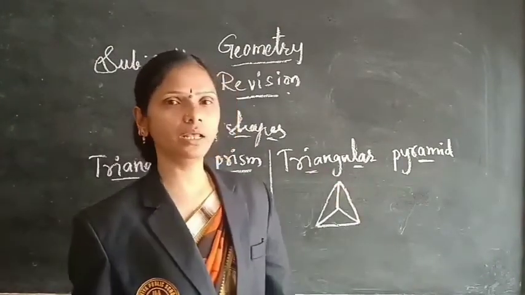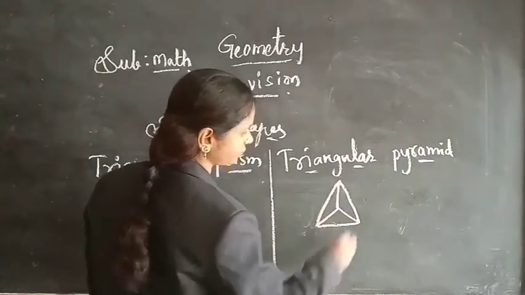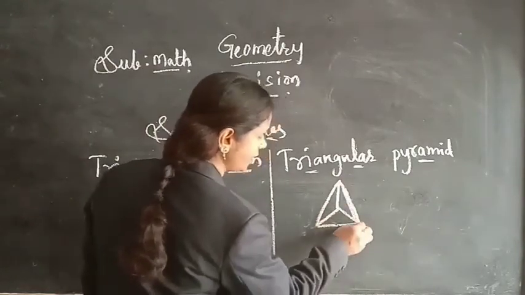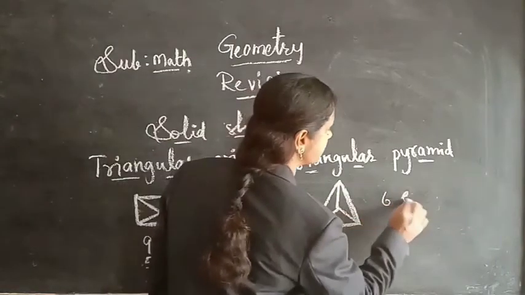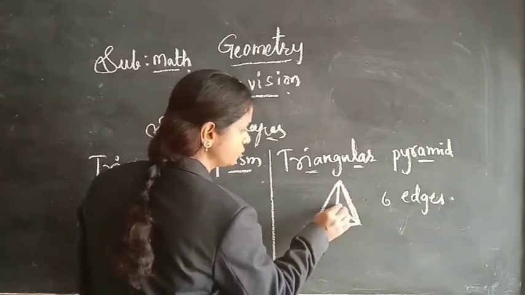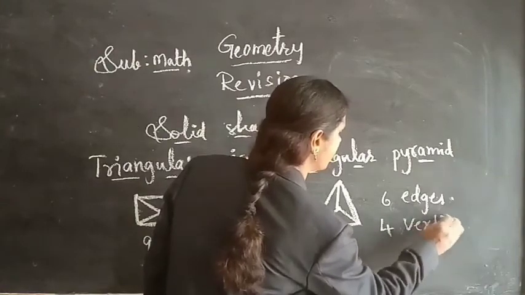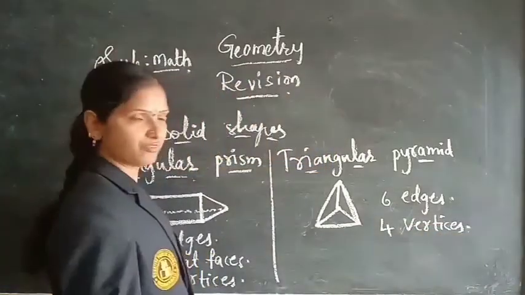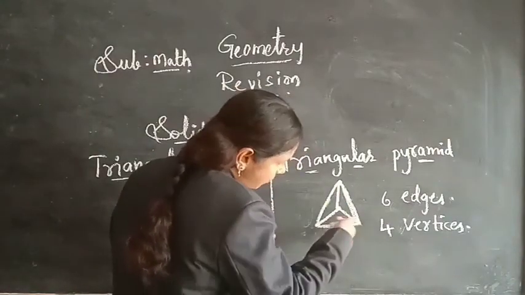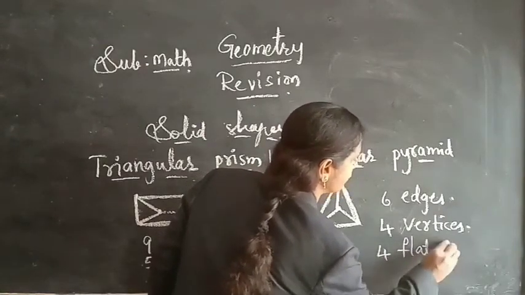Let's count its edges. 1, 2, 3, 4, 5, 6. It has 6 edges. Vertices children. 1, 2, 3, 4. 4 vertices. And its faces. 1, this, 2 and front 3 and base, total 4 flat faces.